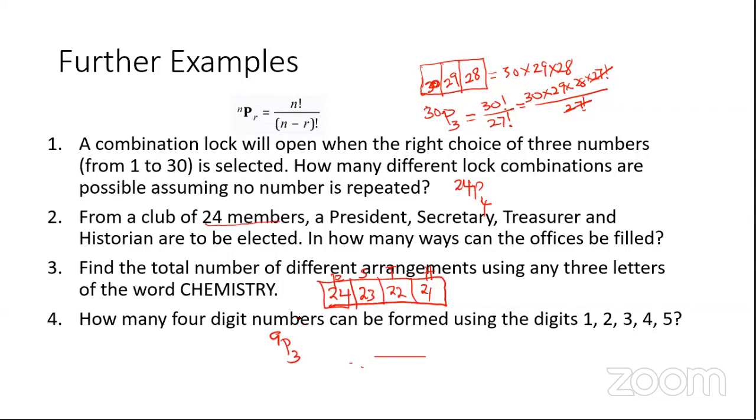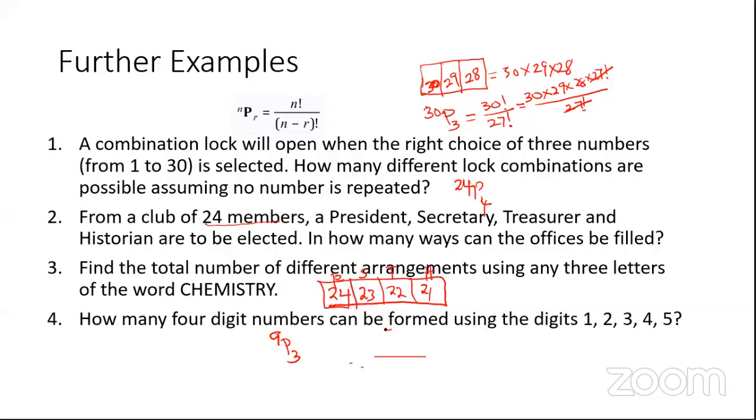Yes, very correct. How many 4-digit numbers can be formed using the digits 1, 2, 3, 4, and 5? The answer is 5 permutation 4.